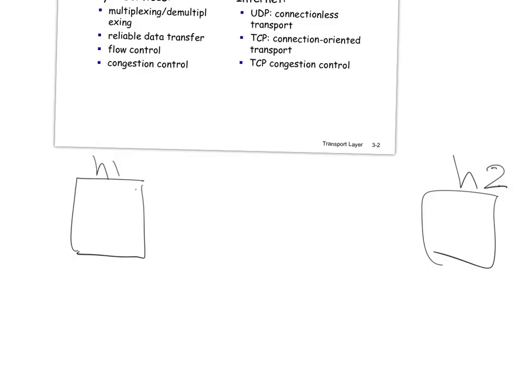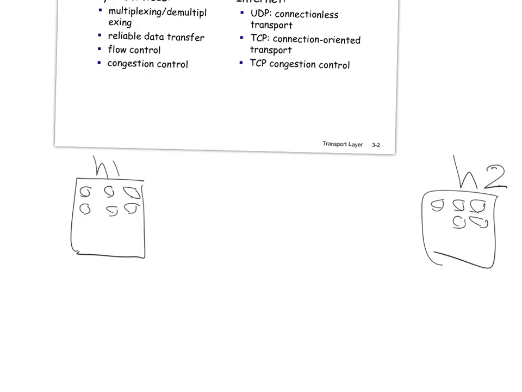So there are multiple applications running on each host. In the middle between these two hosts, which are in general on either side of the continent or the world, they are really remote to each other. There is a huge distance between them in general.